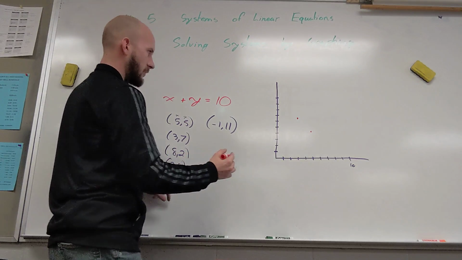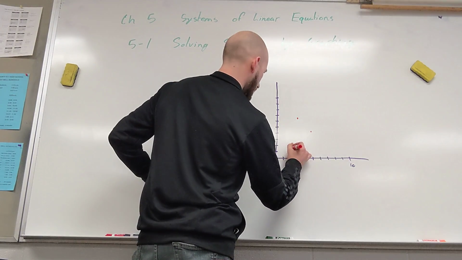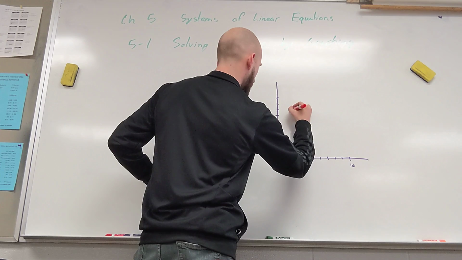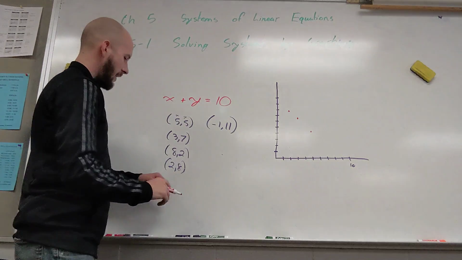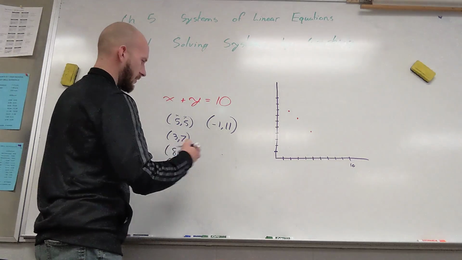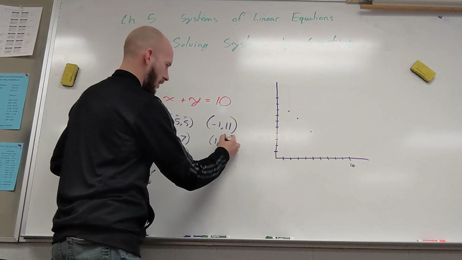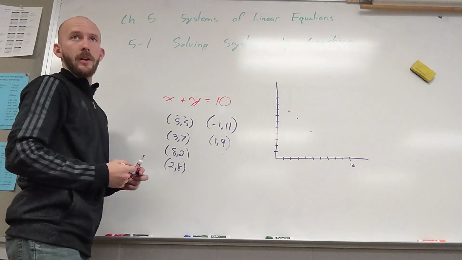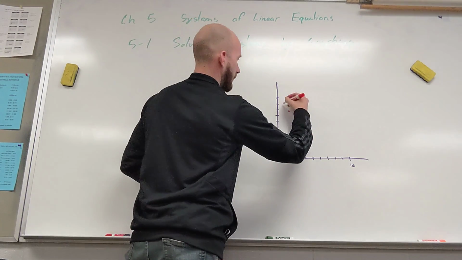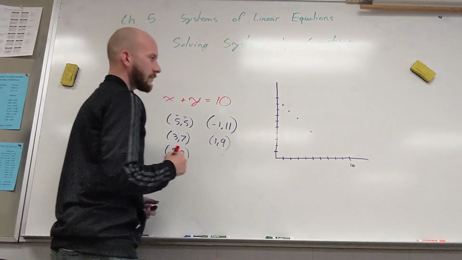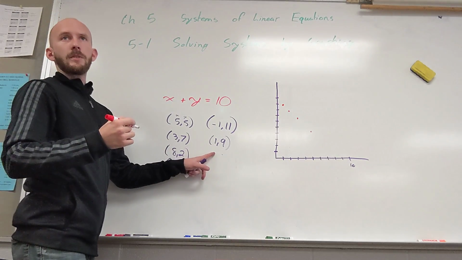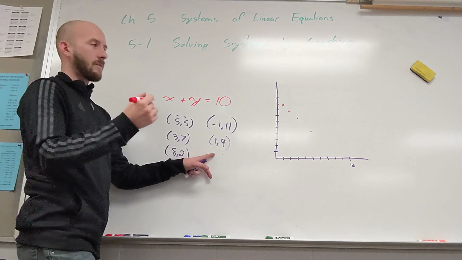What about 2, 8? And I'm just going to throw some other ones in here that will work. So I know 1, 9 would be a solution, right? What about 0, 10? Yeah.